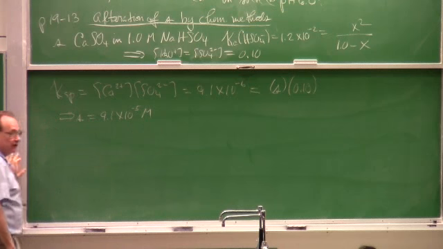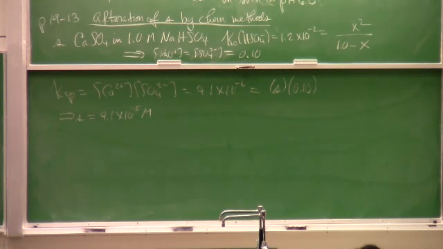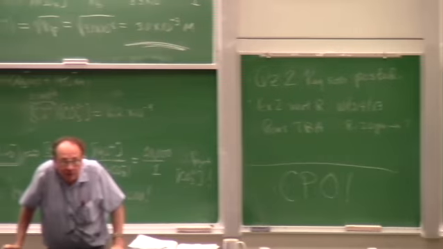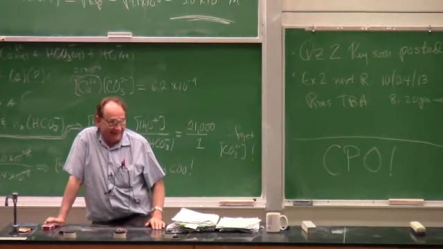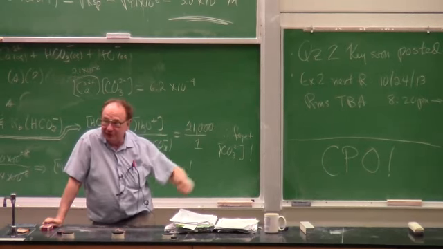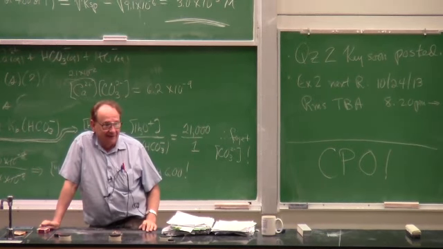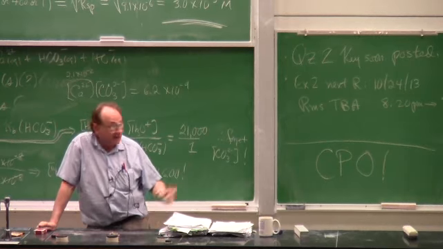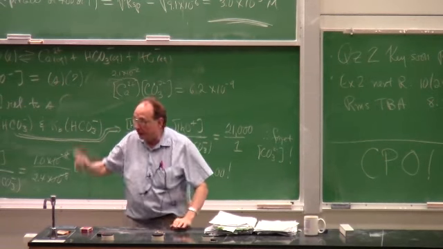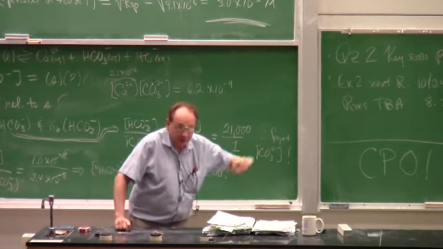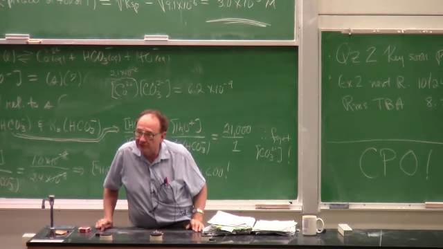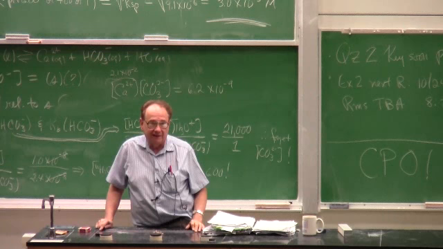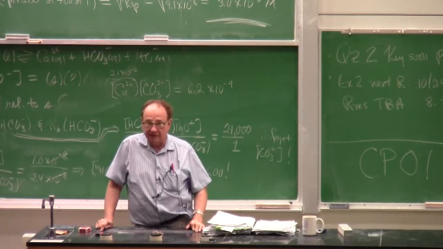How's 9.1 times 10 to minus 5 compared to that number? Which one is smaller? That one. So even though that solution is considerably acidic, calcium sulfate is less soluble in that solution than it is in straight water, because that solution is also a precipitator of calcium sulfate, as we have just demonstrated.